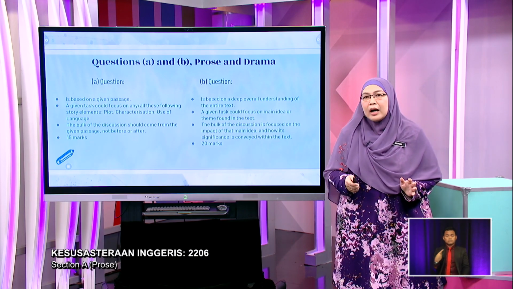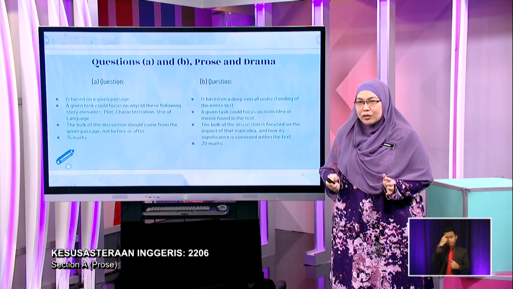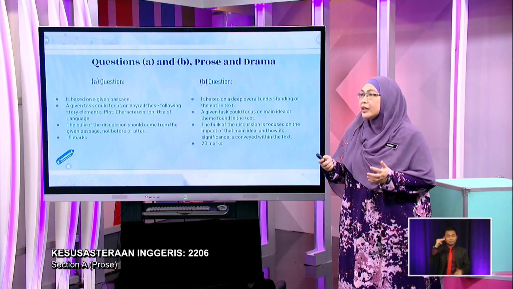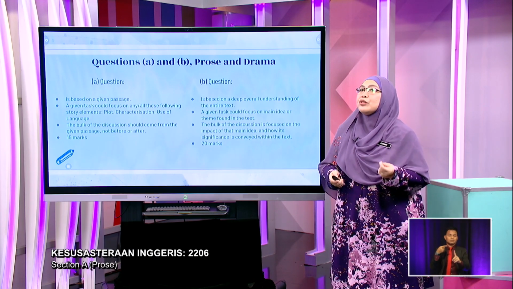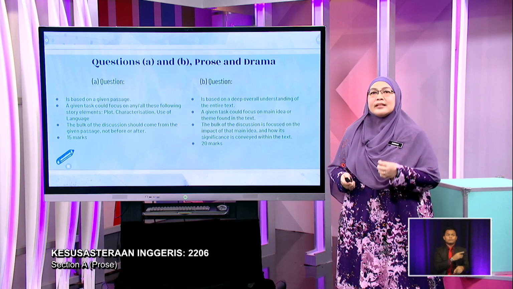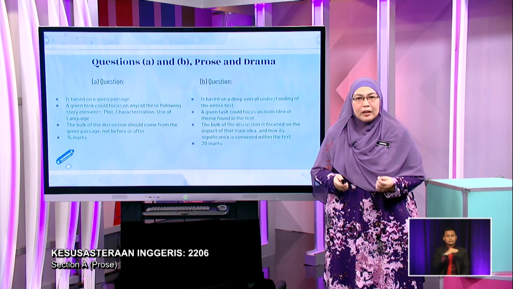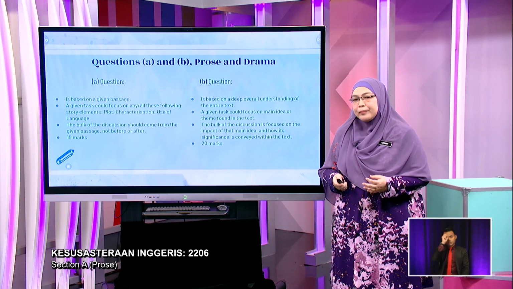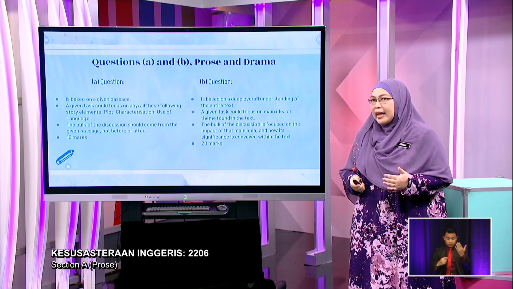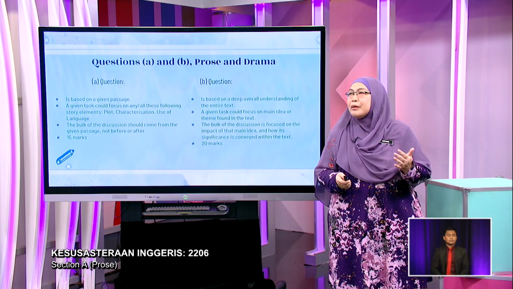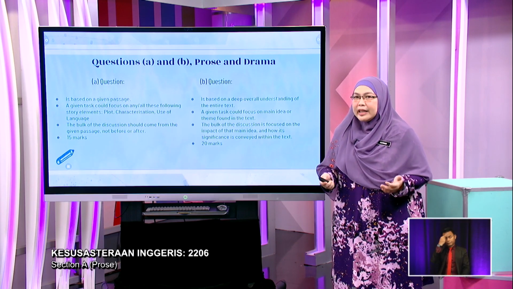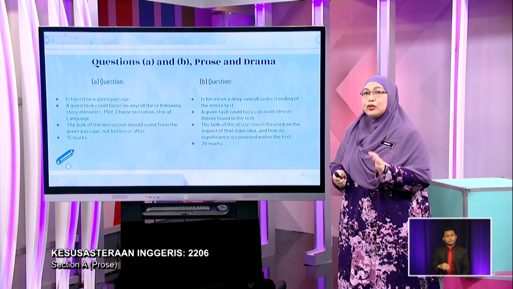For 15 marks, you have been given this passage. It comes from either one of the short stories or one of the novels. What are you supposed to do in an A question? Analyze the given passage. If you're going to provide some additional information, and that is perhaps background information to one of the major characters, then go ahead and do so.